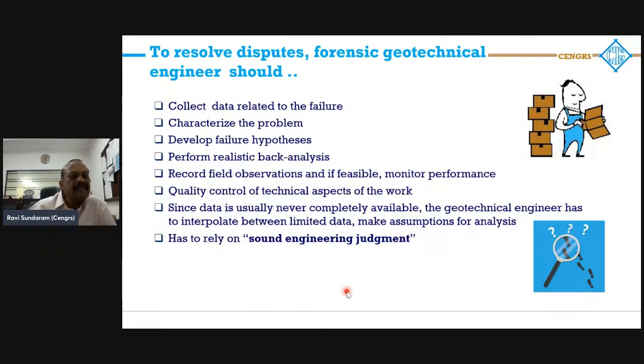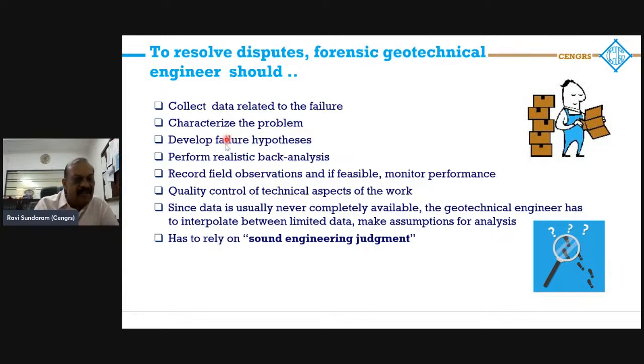To resolve these kinds of disputes, the forensic geotechnical engineer has a very important role. First, you collect data related to the failure, characterize the problem. It may be a failure or a potential failure which is identified, that this thing is wrong and something can happen.